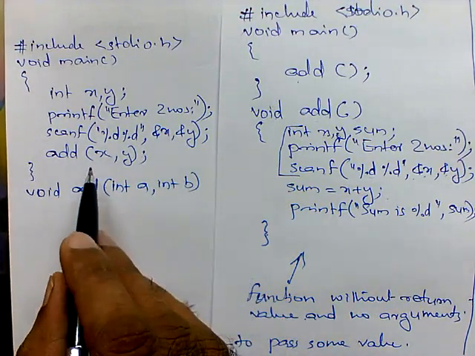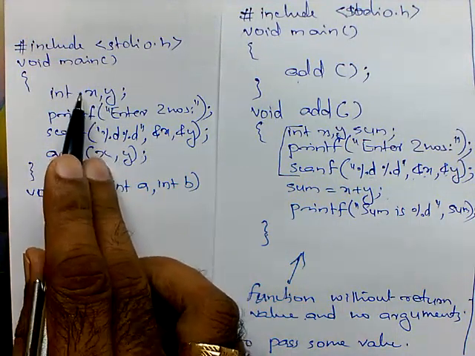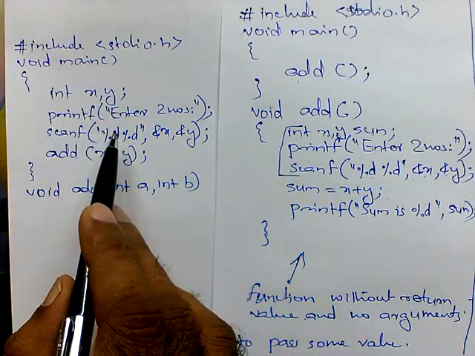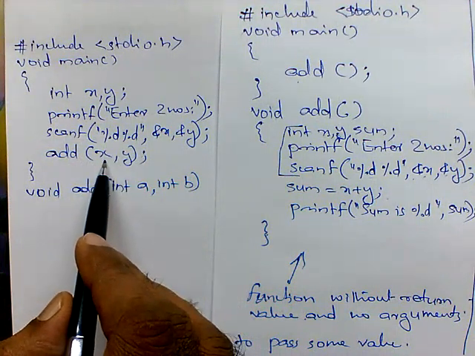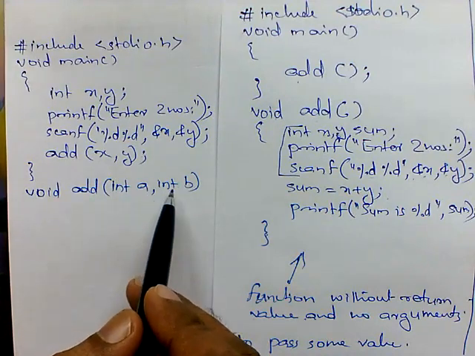So what will happen? x and y are two variables defined inside the main function, and now you want to pass the value stored in x and the value stored in y to a and b. These are two different variables.